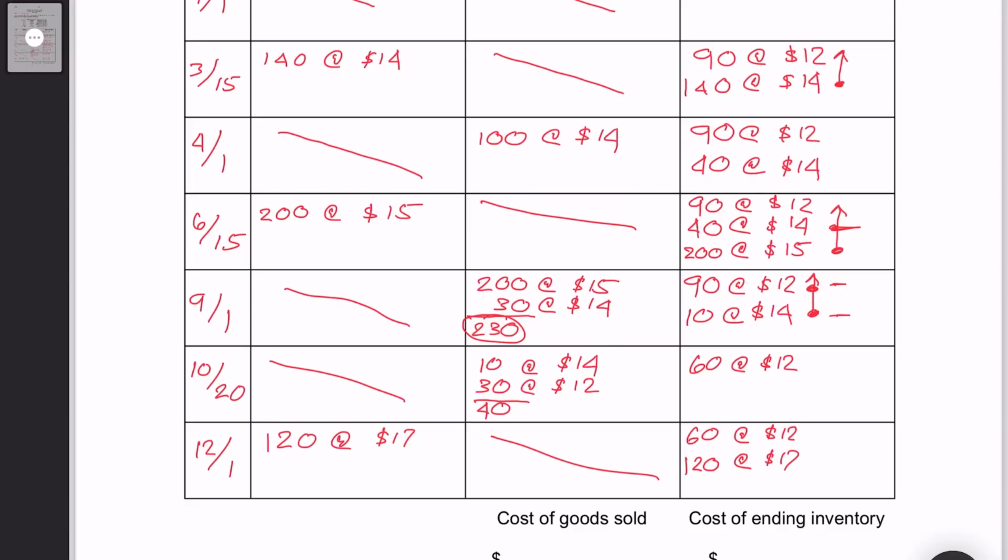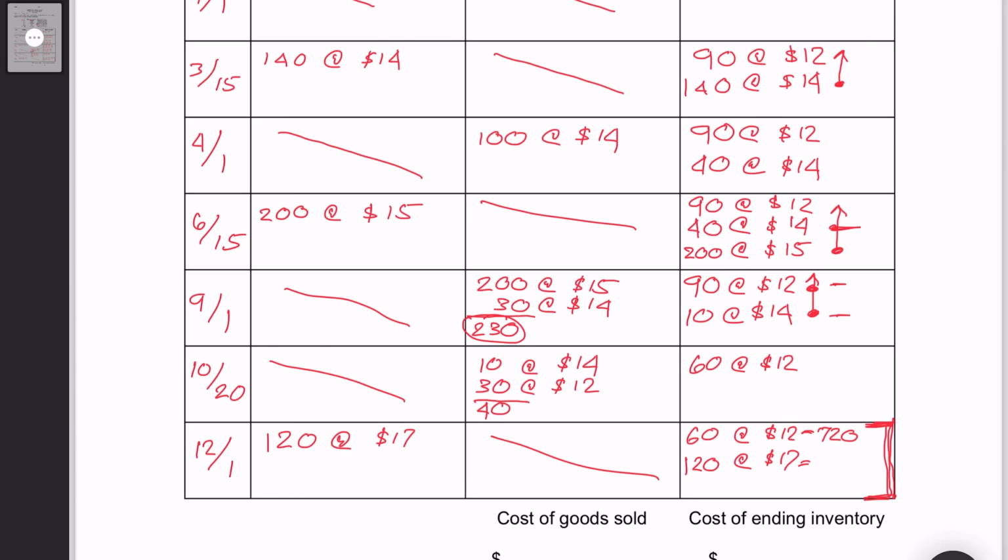We're going to find each of these a little bit differently. So let's start with our ending inventory. With the ending inventory, I only need to look in my last box here. In essence, this tells me what I still have in my warehouse. So I'm going to go ahead, multiply these across, and see what we have. So we've got 60 units at $12, and that's going to equal $720.